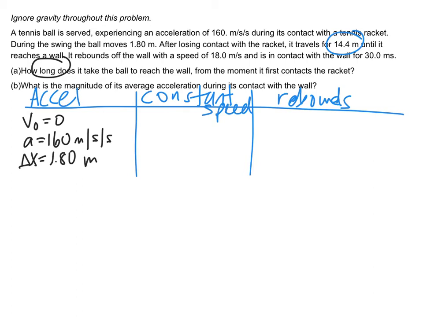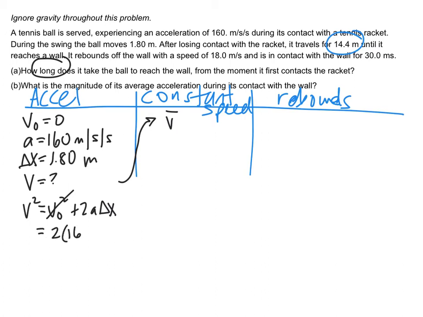So I'm going to need to know time, and then I'm also going to need to know the velocity. It doesn't ask me to find that velocity, but the ending velocity here becomes my initial, or really constant, velocity for this next section. So let's go ahead and do that first. If I use v squared equals v sub o squared plus 2 alpha delta x, initial velocity is 0, so that would be 2 times 160 times 1.8.